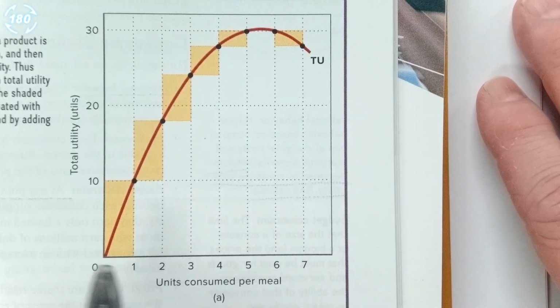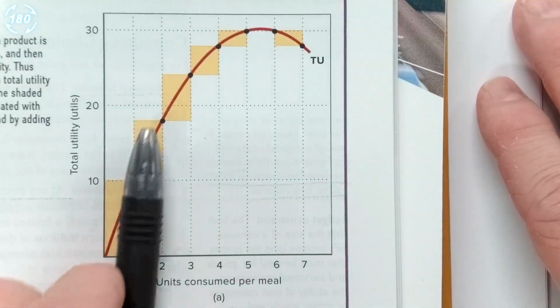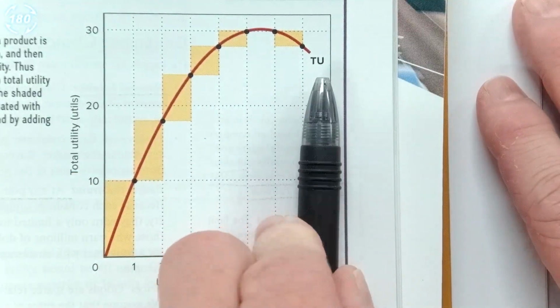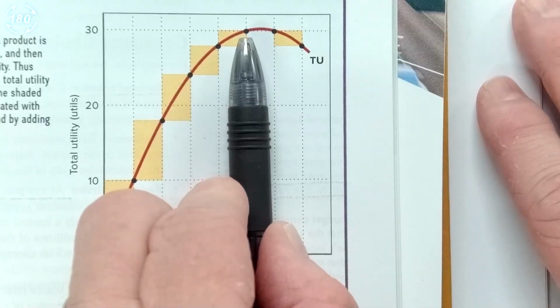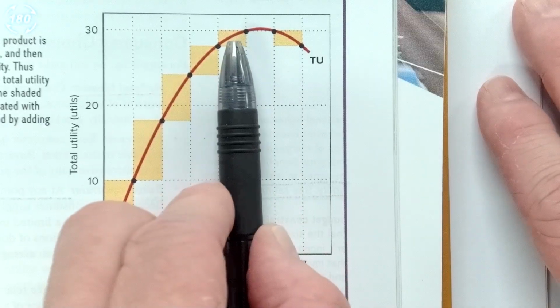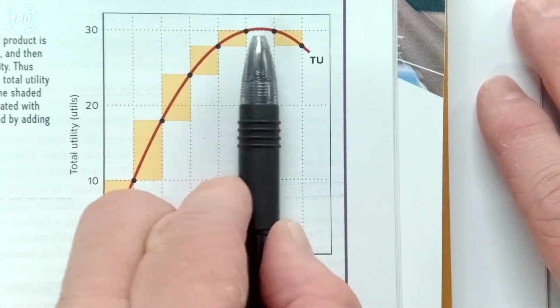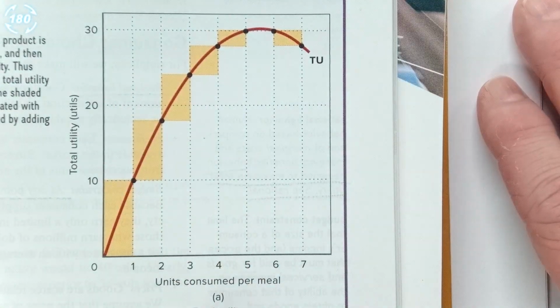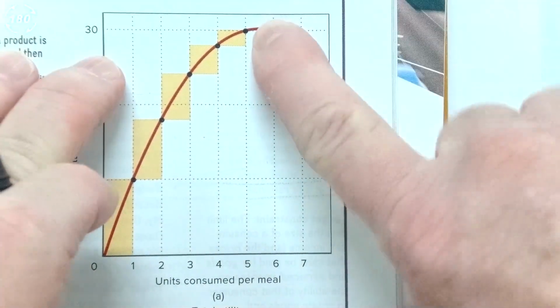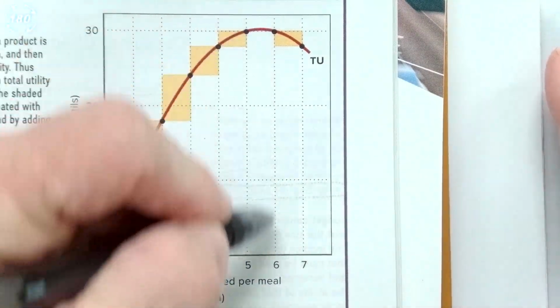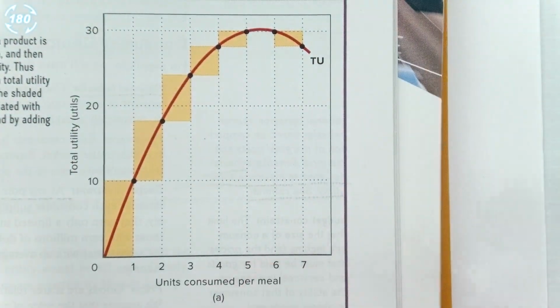So this particular good experiences increasing total utility for the first, looks like 5.5 units. So the 5th unit and the 6th unit, a total of 5 units or a total of 6 units, is going to deliver the same amount of satisfaction, if you will, because you max out the total utility right here at 5.5 units, okay?